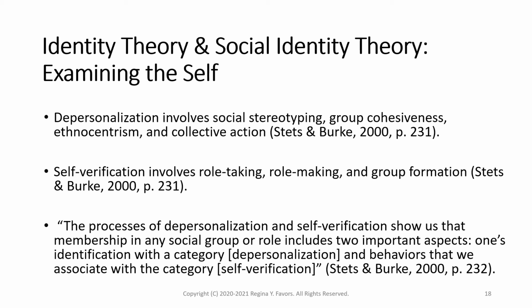Depersonalization involves social stereotyping, group cohesiveness, ethnocentrism, and collective action. Self-verification involves role-taking, role-making, and group formation. So if you look at depersonalization involving social stereotyping, it's like we know of this one group as being this one group, never mind that the individual people within the group are successful and doing well and are not criminals.